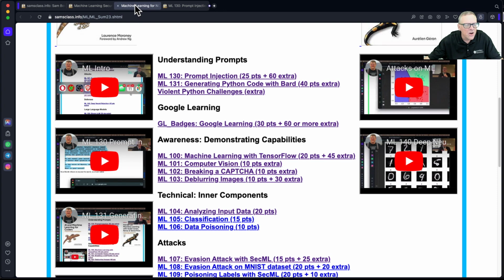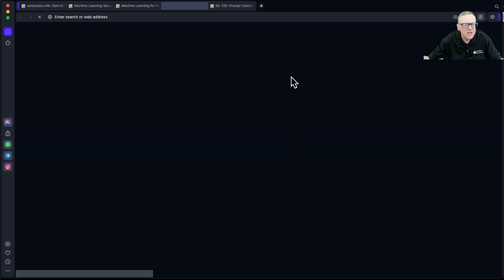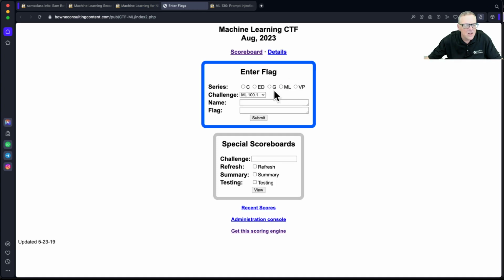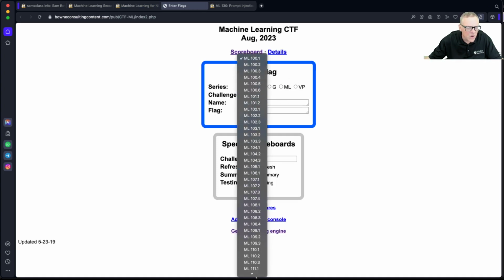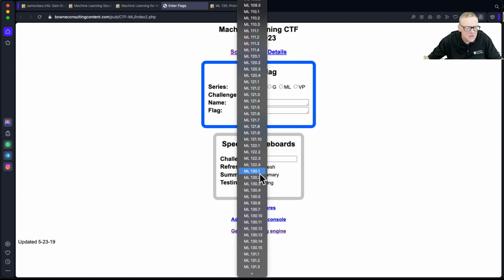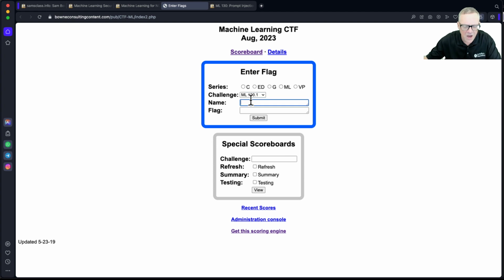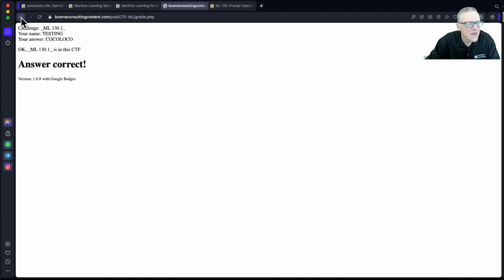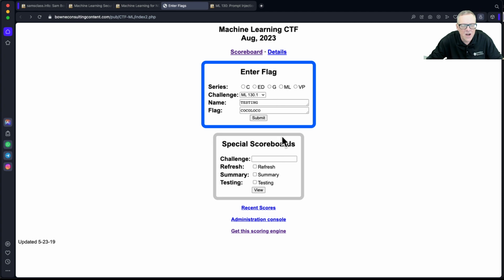So you go here and find ML130.1, and you put in your name. I'm going to put in the special name that doesn't appear in the scoreboard, and you put in the flag, and then you're correct, and now they'll appear on the scoreboard. So you can just carry on. That's how you submit things and get points for them.